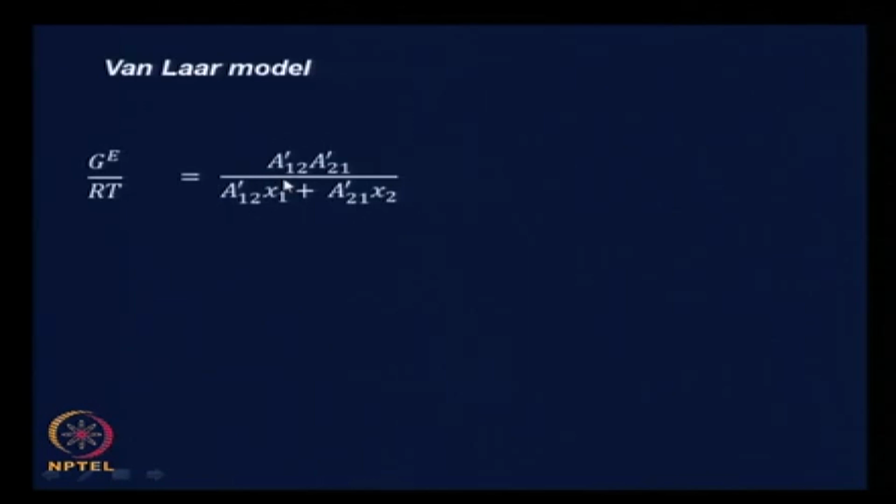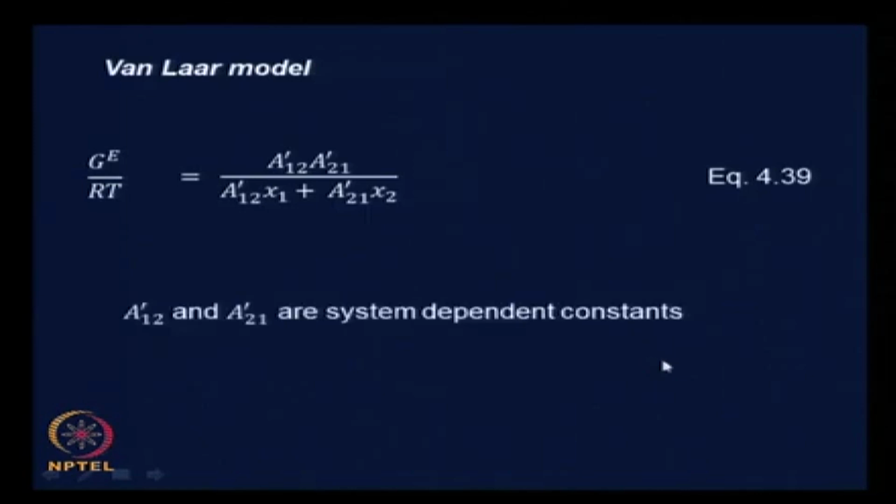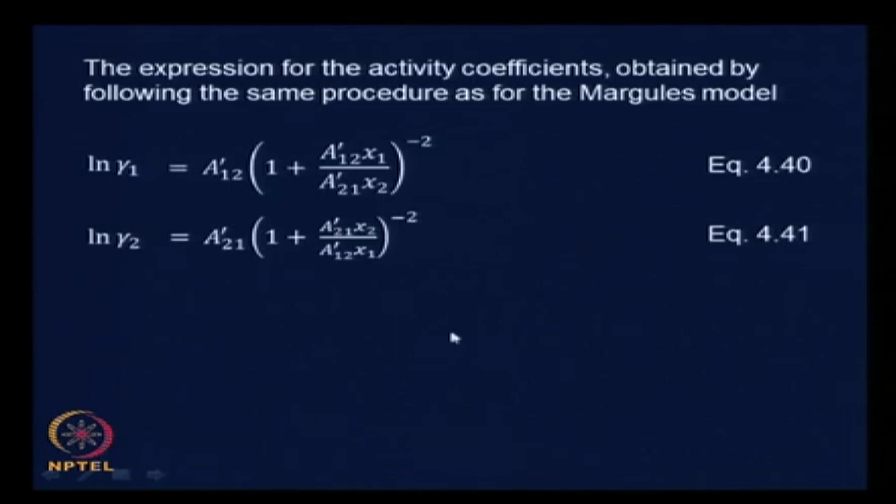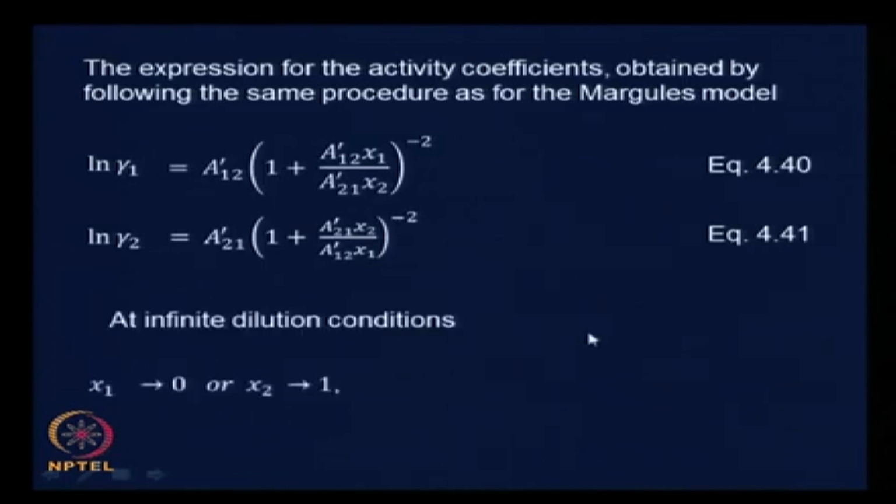This A12 dash and A21 dash are constants for a given system, and from that we got the expressions for ln gamma 1 as A12 dash times 1 by the square of 1 plus A12 dash x1 divided by A21 dash x2, and ln gamma 2 was A21 dash times 1 by the square of 1 plus A21 dash x2 divided by A12 dash x1. And we also saw the infinite dilution expressions.